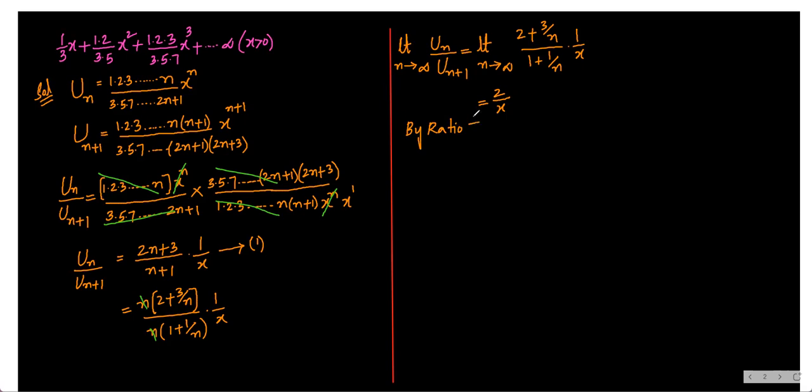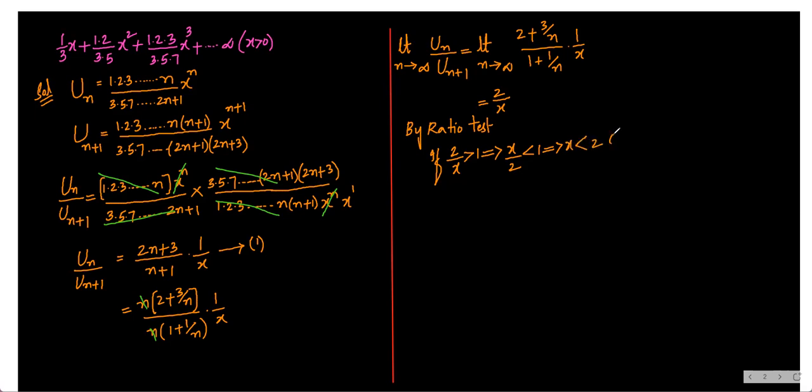By ratio test. How will we write the statement? If 2 by x is less than 1, then it converges, which implies x is greater than 2.